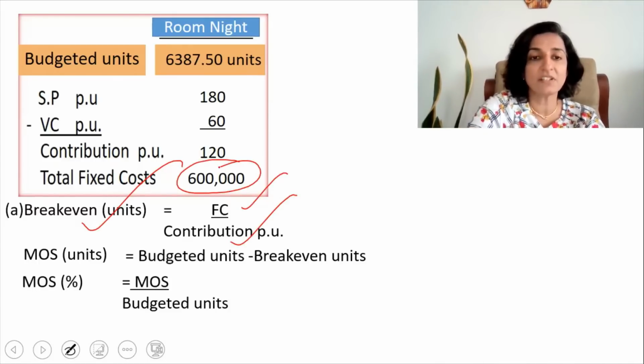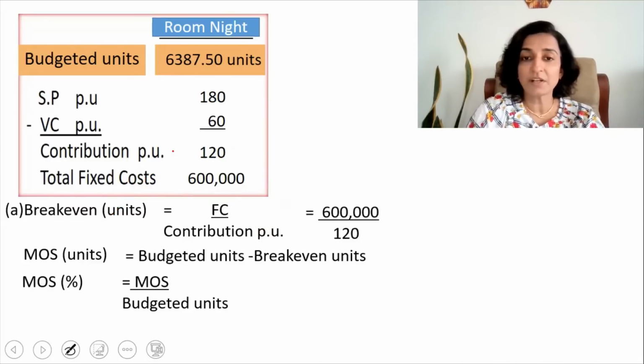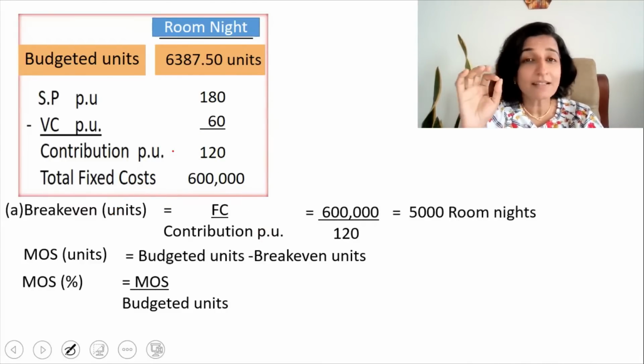Fixed cost is 600,000 and contribution per unit is 120. Substituting those figures, 600,000 divided by 120 gives 5,000 room nights. That is, if they are able to let out the rooms for 5,000 nights, then the hotel achieves break-even.